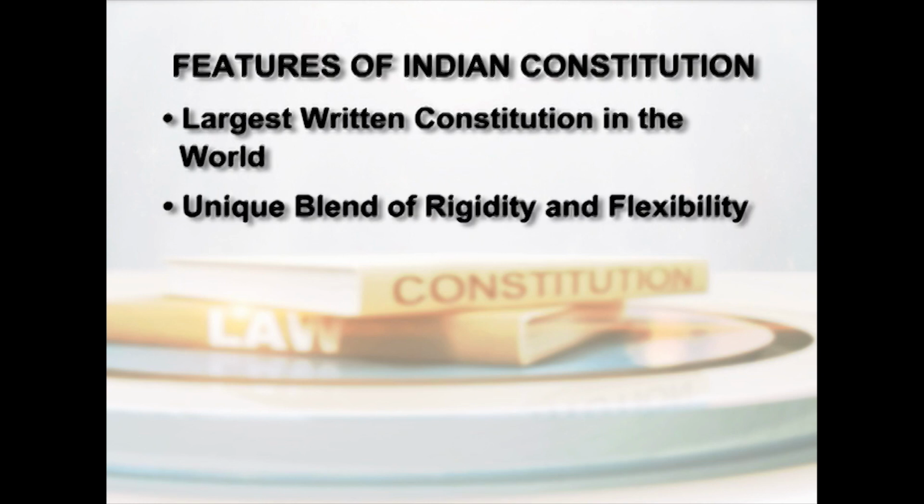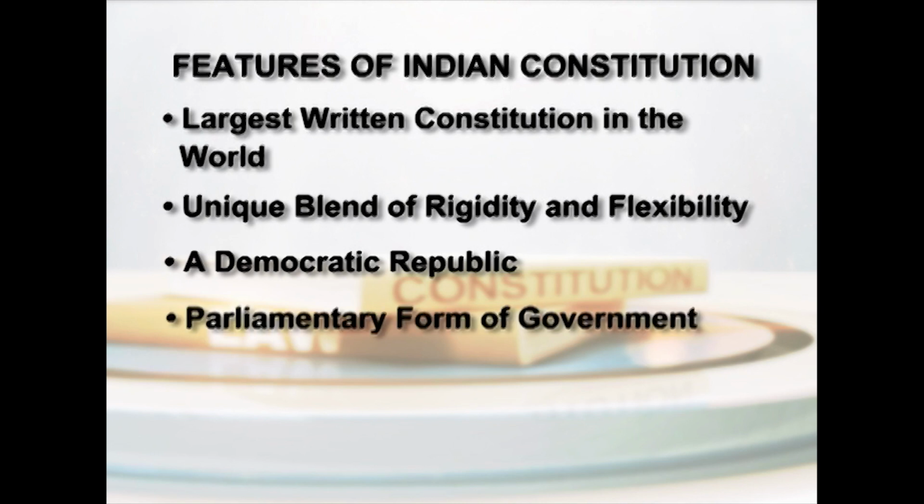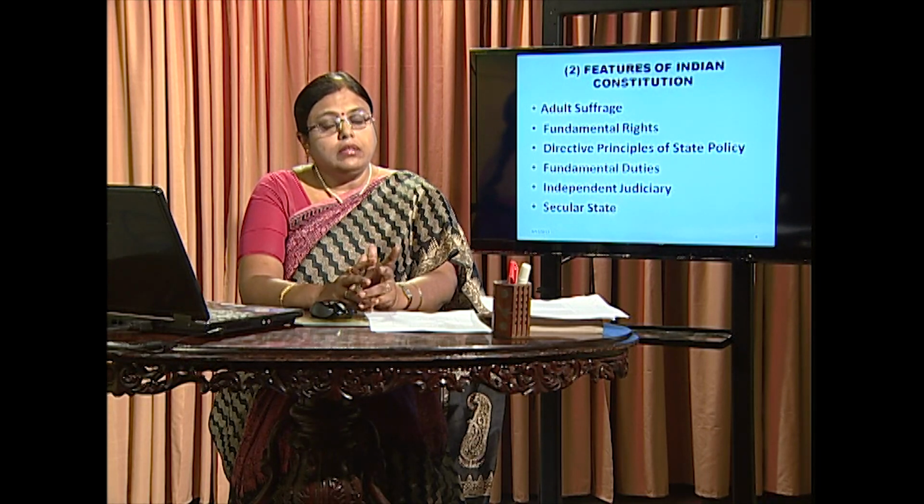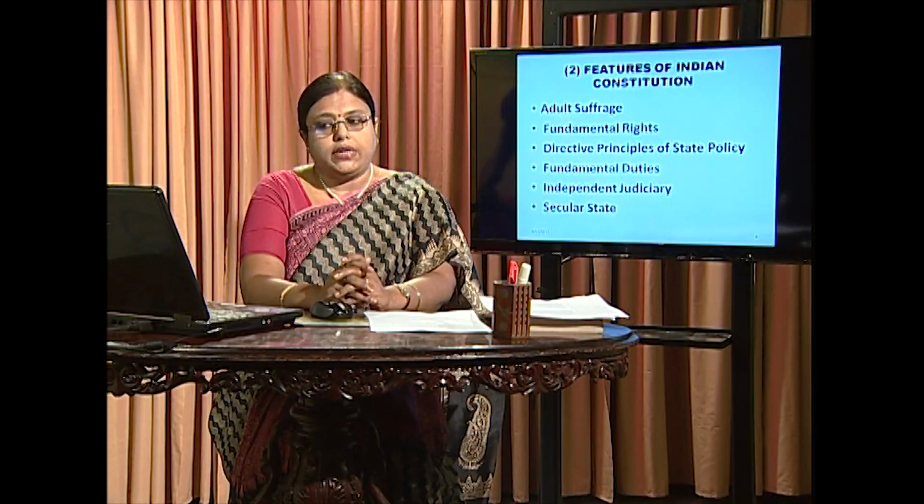It has a unique blend of rigidity and flexibility. Indian Constitution is a democratic republic. Indian Constitution nurtures a parliamentary form of government as well as a federal form of government. Indians are having single citizenship, not like USA. People of USA enjoy dual citizenship, one the national and the other the citizenship of their own state.